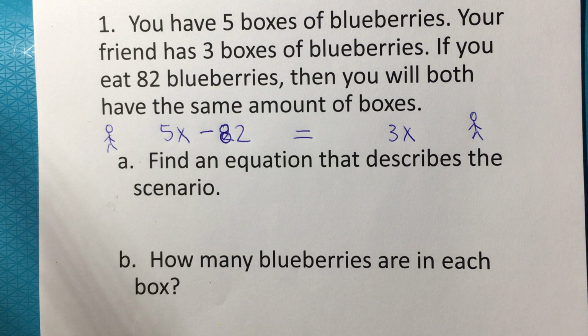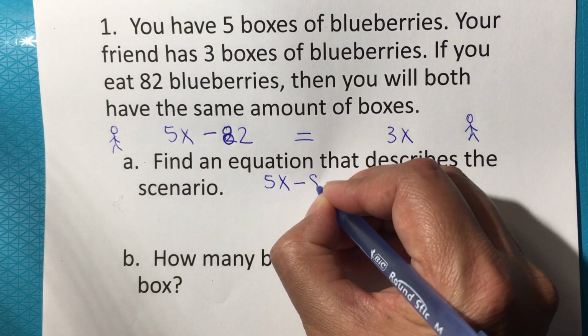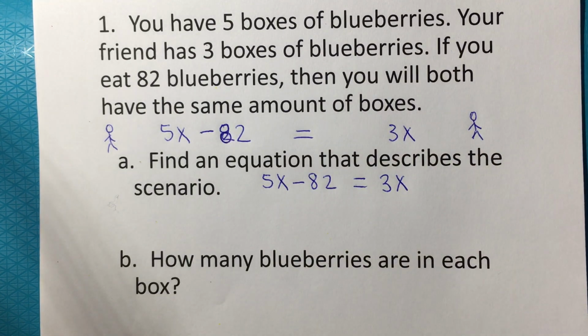So it says find an equation that describes the scenario. In here, if we put it together, is 5x, which is the 5 boxes of blueberries, and you eat 82, you will have the same amount that your friend who has 3x. How many blueberries are in each box?